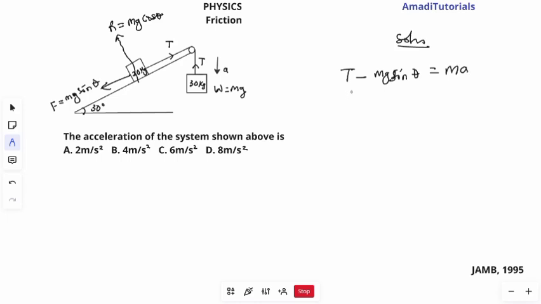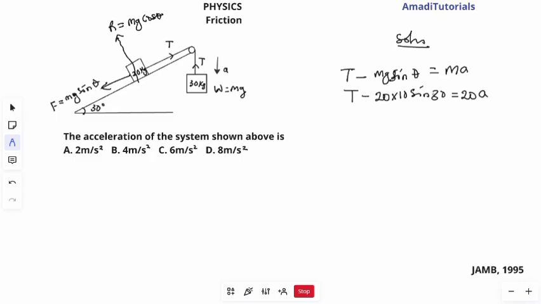So if we substitute, T is unknown, minus m here is the mass of this, which is 20. Our acceleration due to gravity is assumed to be 10, times 10. Then sine of the inclined angle, which is sine 30, equals the mass, which is 20, times the acceleration we have to find.